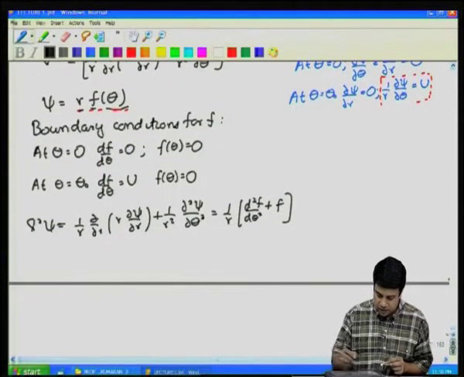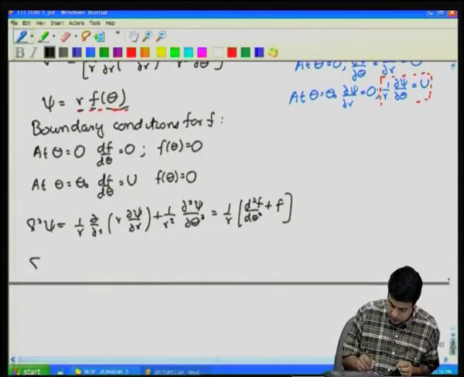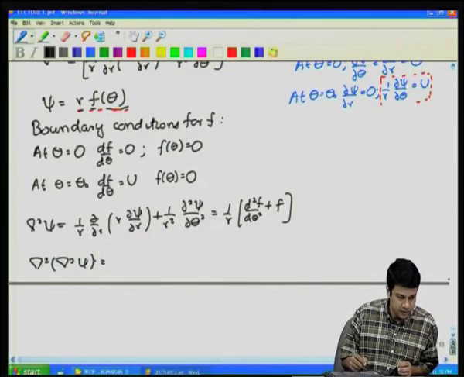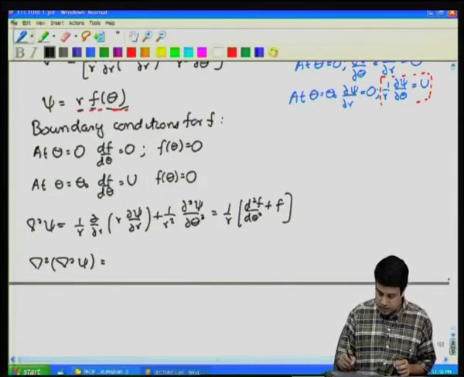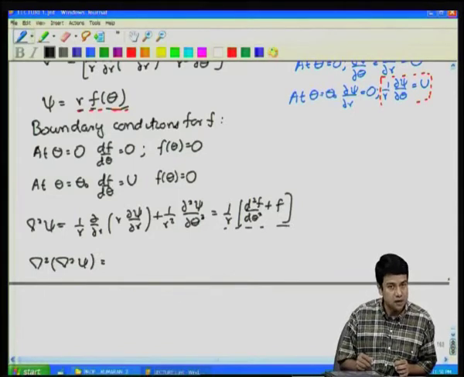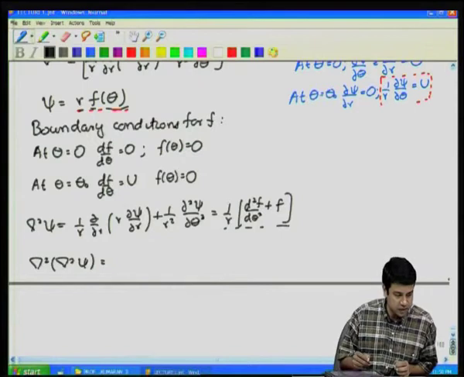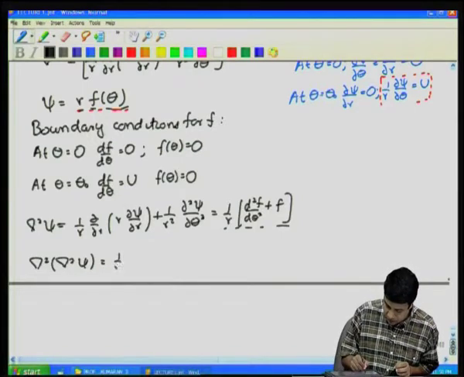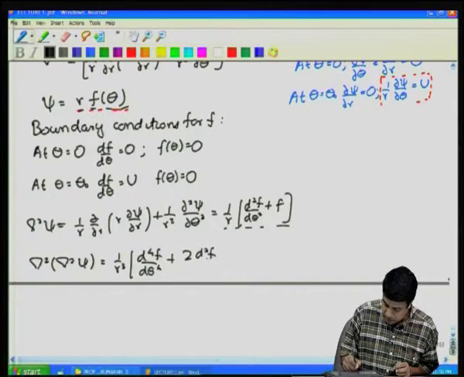I have to take another Laplacian. So, del square of del square psi is equal to, if you substitute once again and take a second Laplacian, you will get 1 over r cubed into d power 4 f by d theta power 4 plus 2 d square f by d theta square plus f.